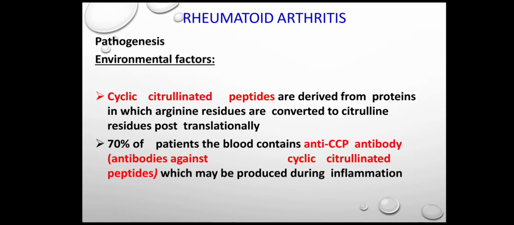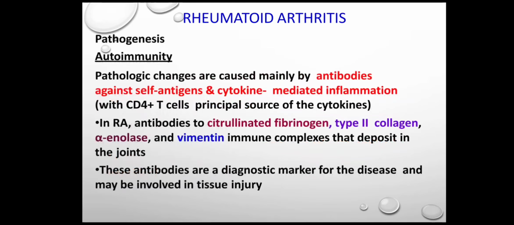Cyclic citrullinated peptides are derived from proteins in which arginine residues are converted to citrulline residues post-translationally. 70% of patients' blood contains CCP antibodies, that is antibodies directed against cyclic citrullinated peptides, which may be produced during inflammation. So these are diagnostic, that the patient might be having rheumatoid arthritis and might show a chronic disease later.